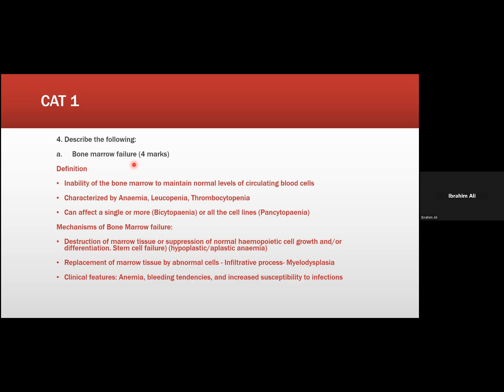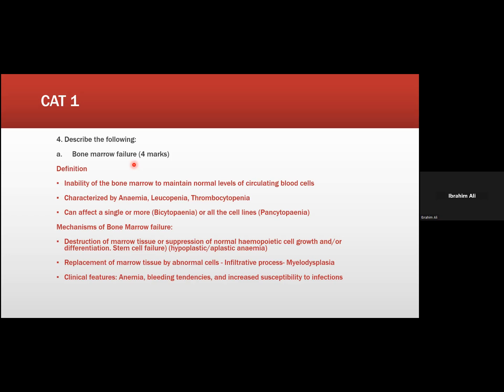Now when the bone marrow fails to make those blood lineages, that's when we say your bone marrow has failed. This is characterized by the features of low RBCs, low WBCs, low platelets.